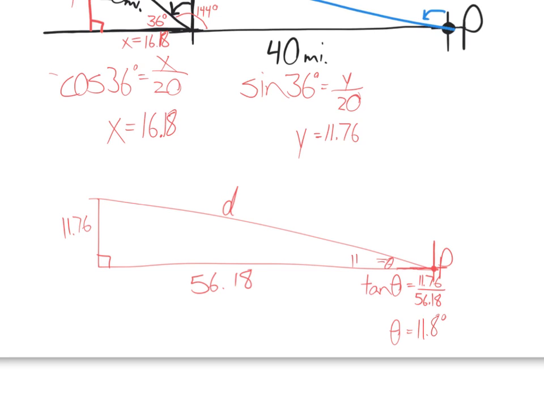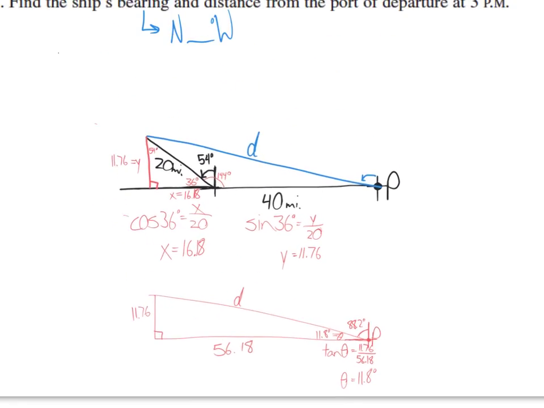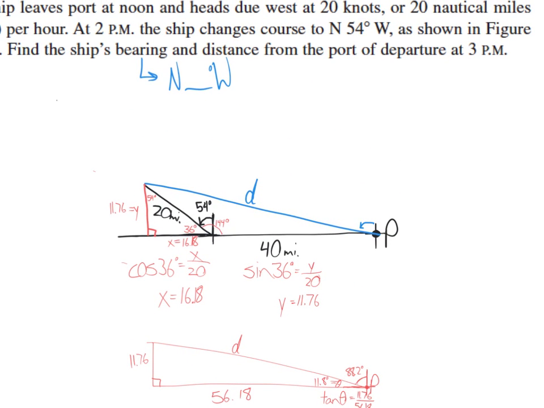We use the Pythagorean theorem to get the other thing, but notice that's not the bearing. The bearing would be this up here, 88.2 degrees. So it's north 88.2 degrees west.